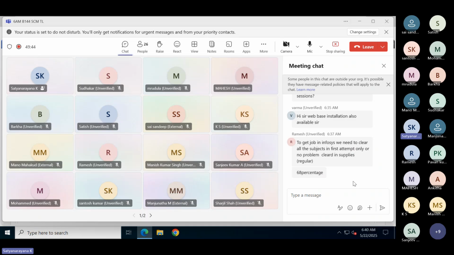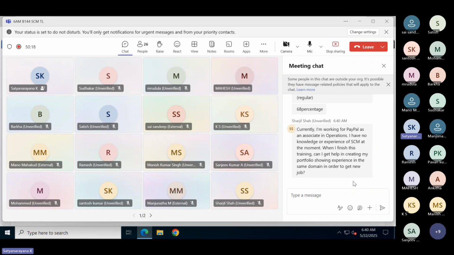Whoever applied with only the degree got selected. Whoever applied with a regular degree and a distance education masters, they rejected that profile. That depends on them, it is not in my control. That is the reason if you are applying for Infosys, please apply with whatever regular qualification you have.